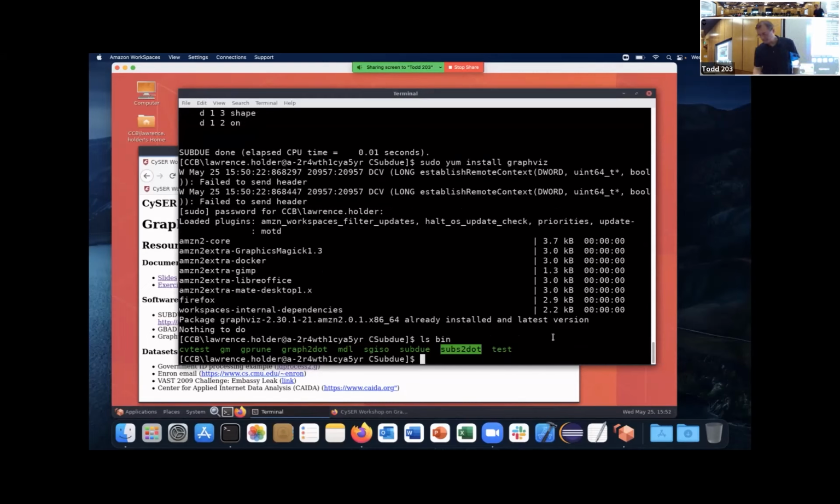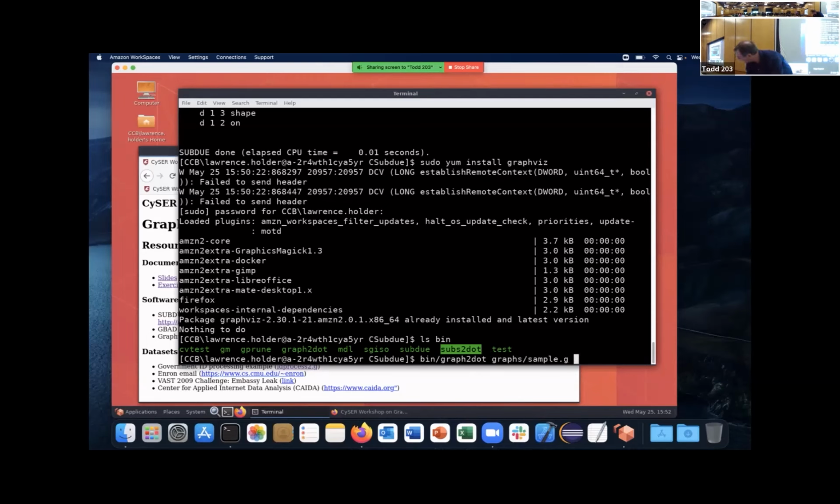And then the dot format can be translated into anything you want. In our case, we'll do images. So first, I'm going to convert that sample graph to dot format. So I'll do dot, and I give it the sample graph.